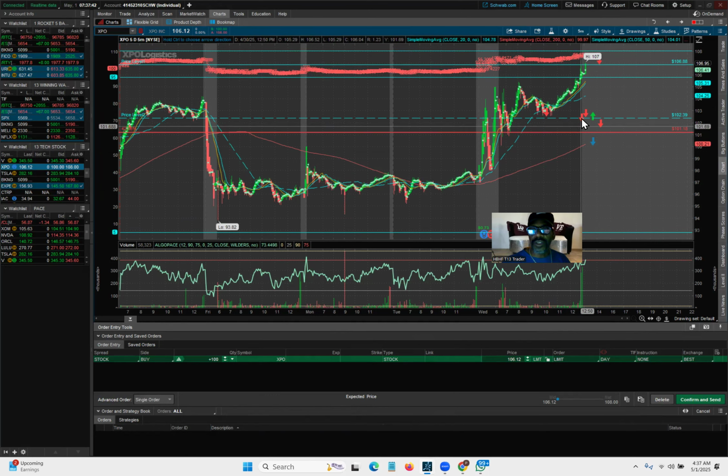So if it opens above yesterday's low and open, close, and holds support on yesterday's high, it's going up.